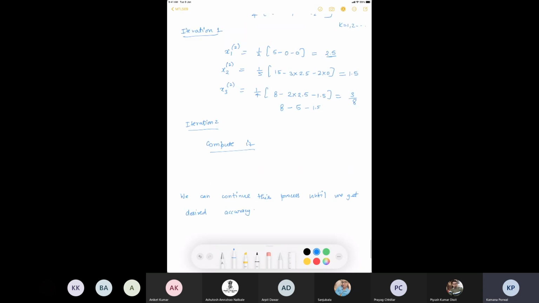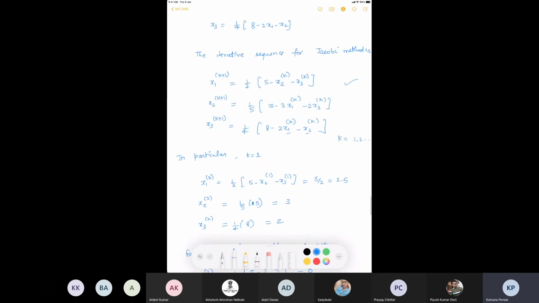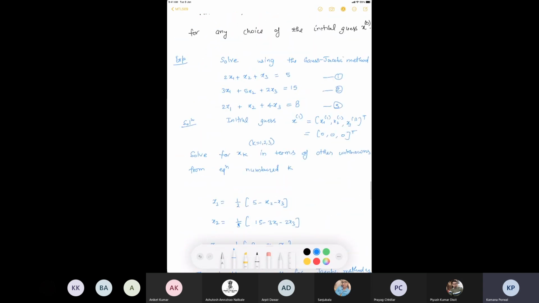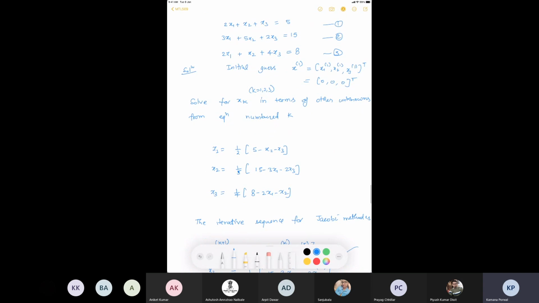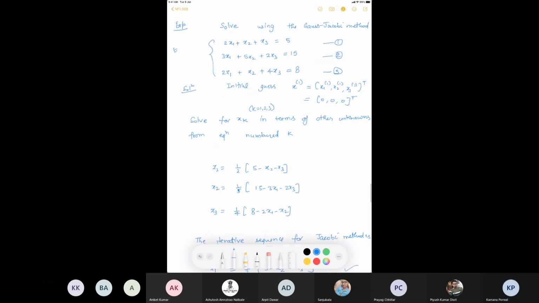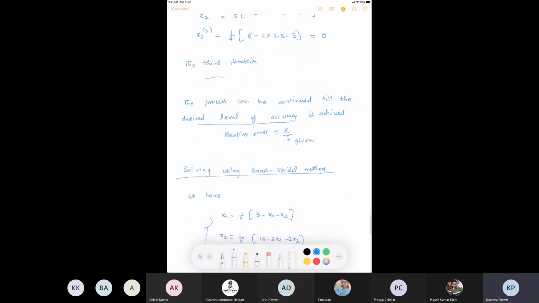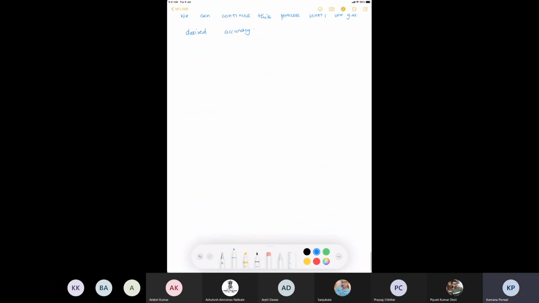All right, and this is a 3 by 3 system, so you can find its exact solution as well, and you can compare to see which is giving you the faster convergence. So you find the exact solution, and then you can compare it with the output we are getting from the Jacobi and the Seidel method. Okay, so this is how we use these methods to find the iterative sequence.